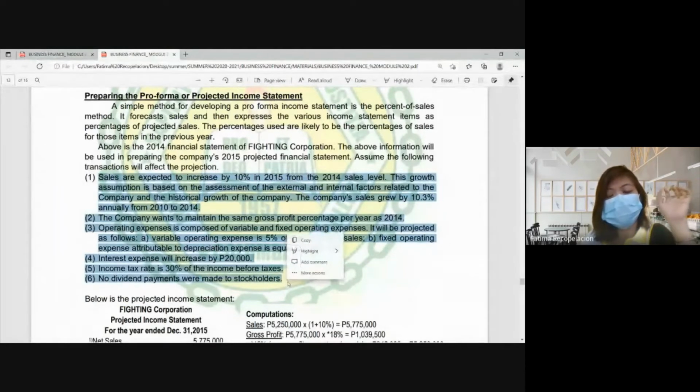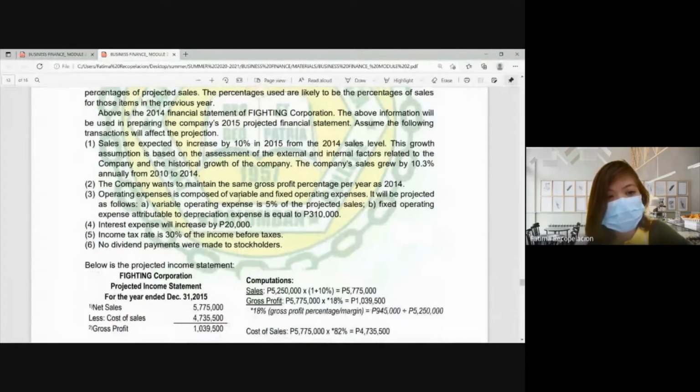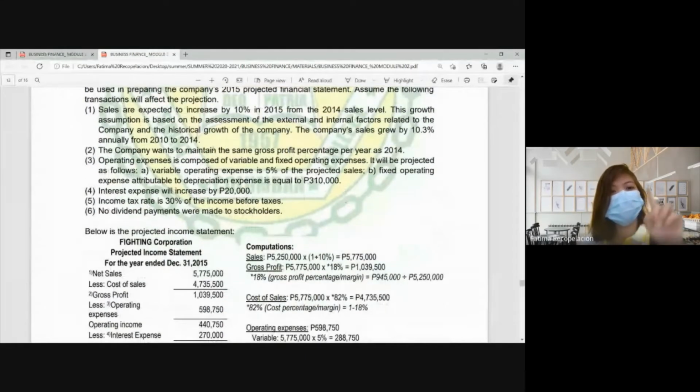And then we will follow the assumption so that we could forecast the next year in the financial statement, the income statement specifically. So as you can see here, the first assumption is that sales are expected to increase by 10% from 2014 sales level.